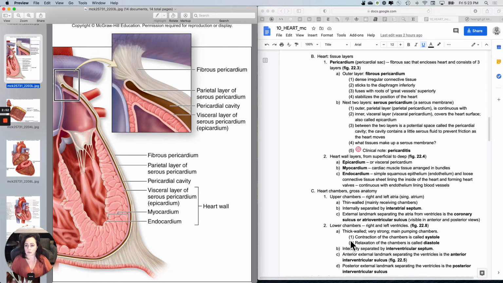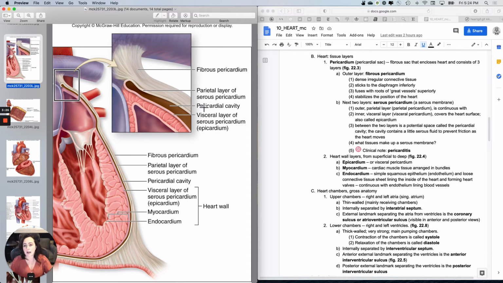But what I didn't tell you was that in addition to the visceral and parietal pericardium and the pericardial cavity between them with serous fluid in it, around the outside, because the serous membrane is really thin and not very protective, there is also a thick layer of pericardium made of dense irregular connective tissue that is protective of the heart, and then the parietal pericardium is on the inside of that.